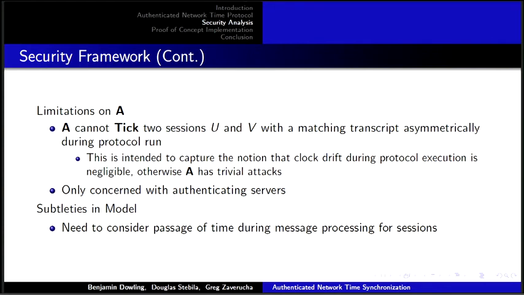In order to prevent this in the proof, and as well as to capture the notion that clock drift during protocol execution is fairly negligible, we require that the adversary cannot issue tick counters asymmetrically when two sessions have a matching transcript. Note that an adversary between different executions of time synchronization phases can cause clock drift as much as they want. That's allowed within our model.